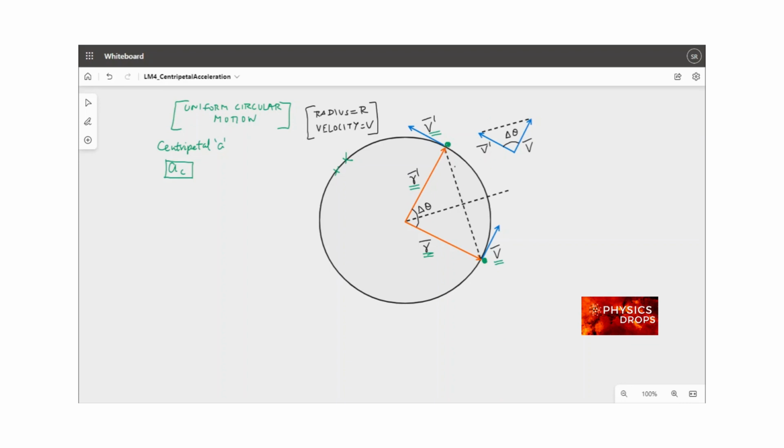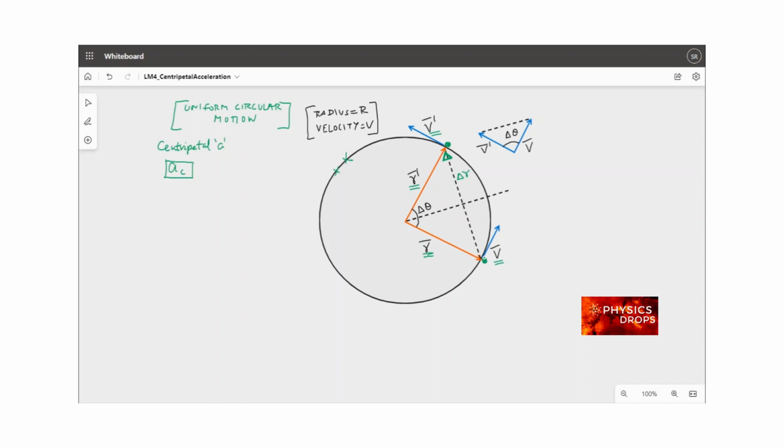Now, by the triangle law of addition of vectors, the difference between r and r prime can be denoted by this dotted line vector shown here, putting the green arrowhead there. Let that be delta r. It's the difference of the two vectors, r and r prime.